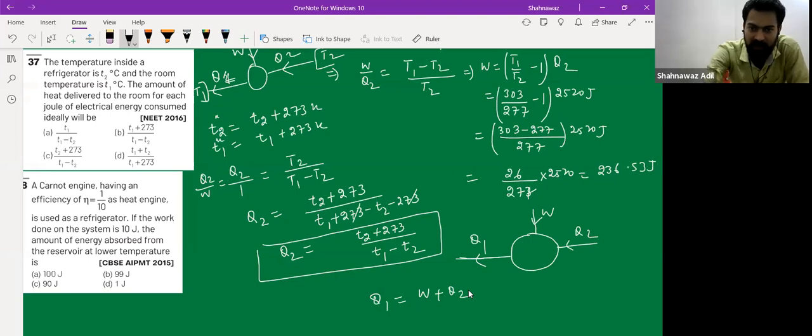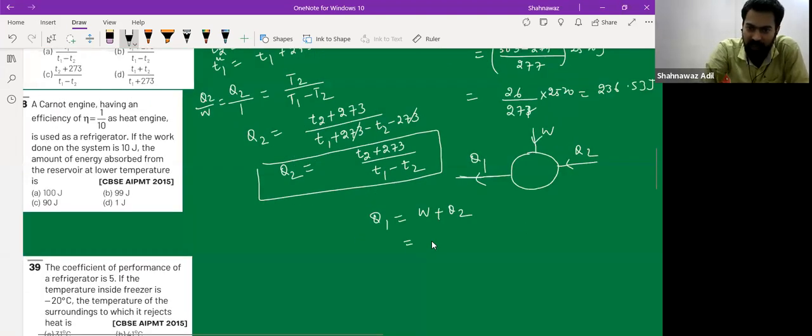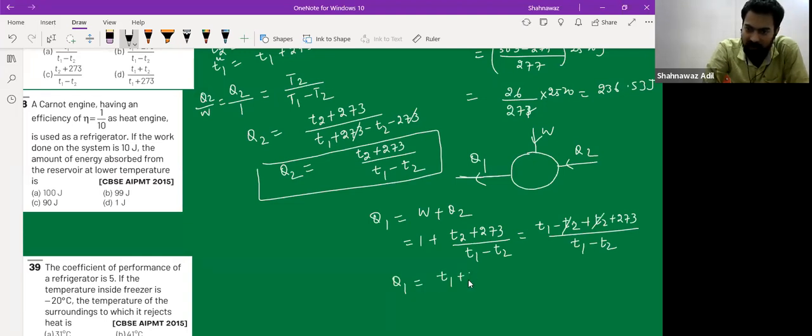W is 1 here, plus Q2, which is T2 plus 273 divided by T1 minus T2. So this goes here: T1 minus T2 plus T2 plus 273 divided by T1 minus T2. This cancels, so we have Q1 equals T1 plus 273 divided by T1 minus T2.